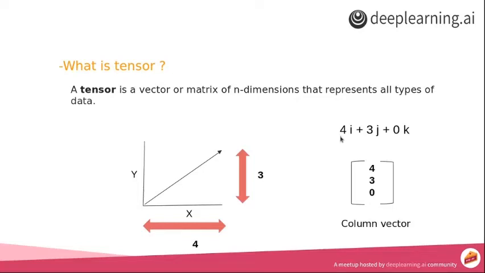This component is associated with i direction, this is with j direction, and this is with k direction. If we stack them up, then it will become a column vector, 4, 3 and 0. This is a column vector.